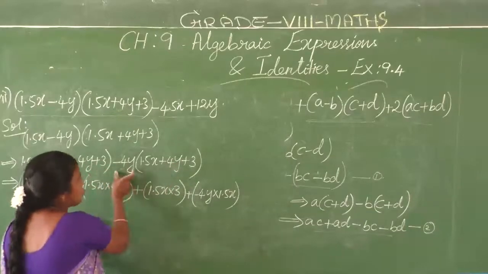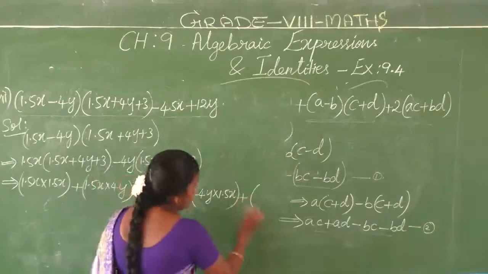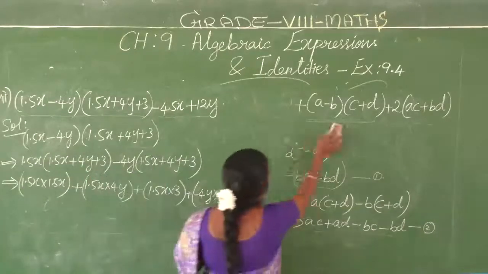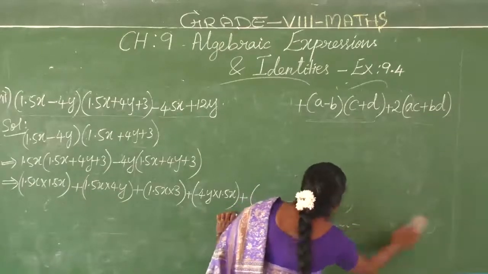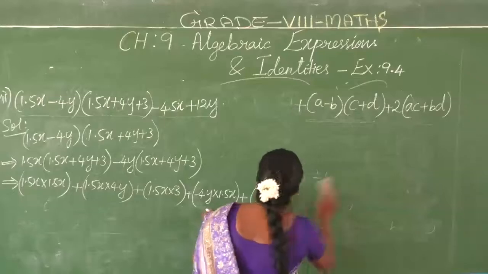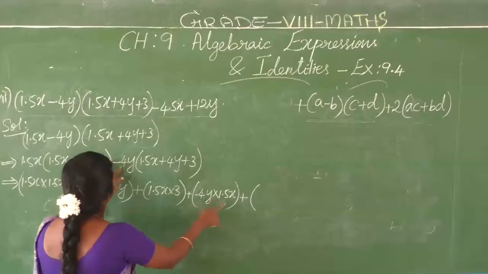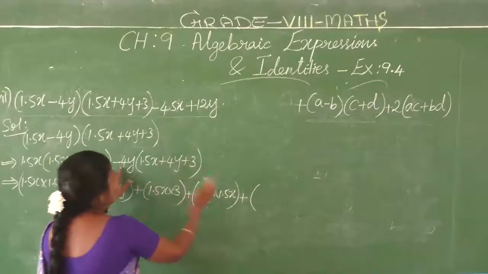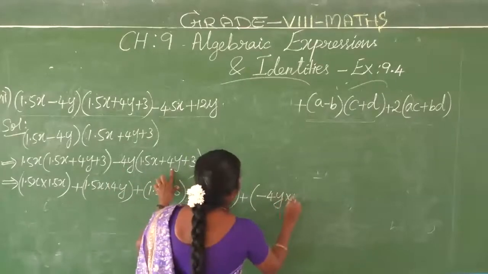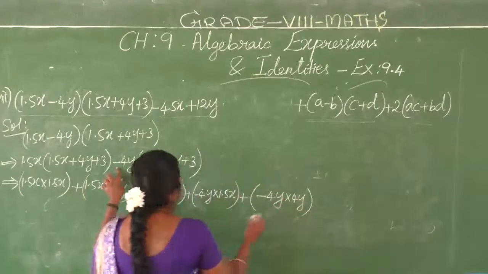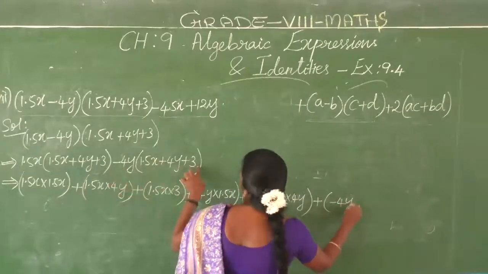Sorry. So minus 4y into 1.5x, again plus minus 4y into 4y, again plus minus 4y into 3.